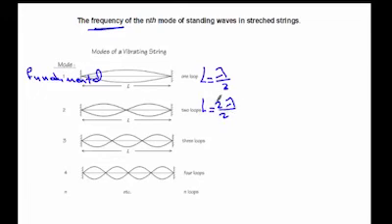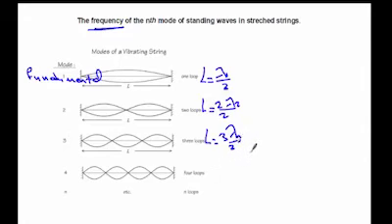We will write it in this form to come out with a general expression. There are different lambdas for different modes for a fixed length. We will call this lambda 1, this lambda 2. Here we have 1/2, 2/2, 3/2 of lambda. This is lambda 3.